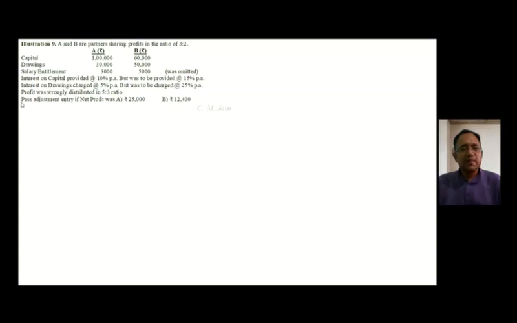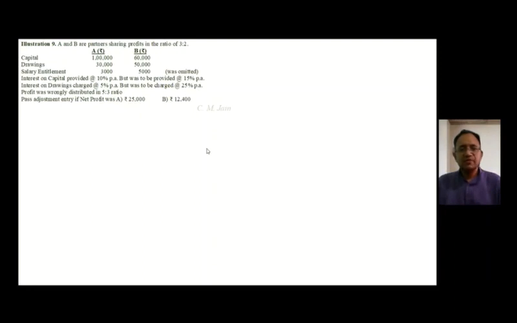Then write pass adjustment entry if net profit was case A rupees 25,000, case B rupees 12,400. Written.